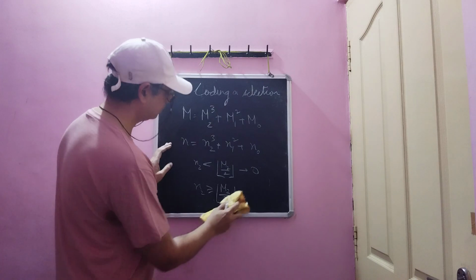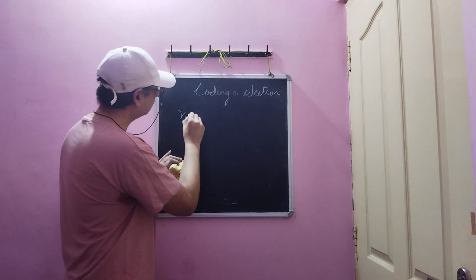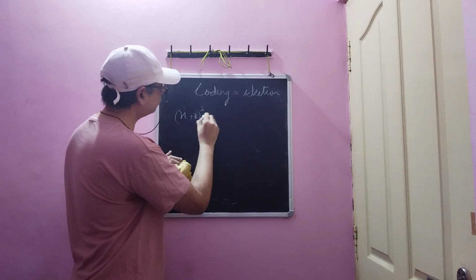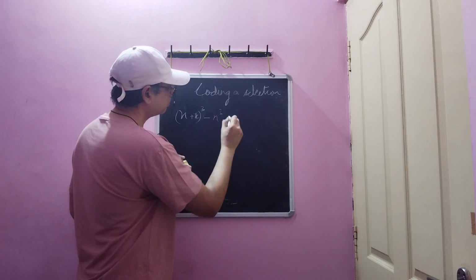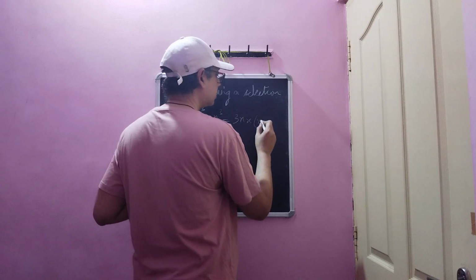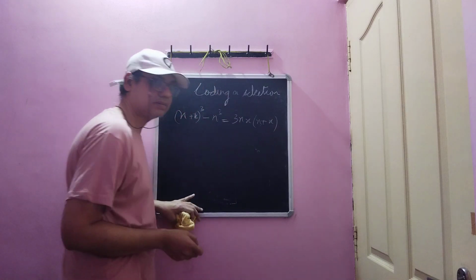then we know that (n plus x) the whole cube minus n cube is equal to 3nx times (n plus x).